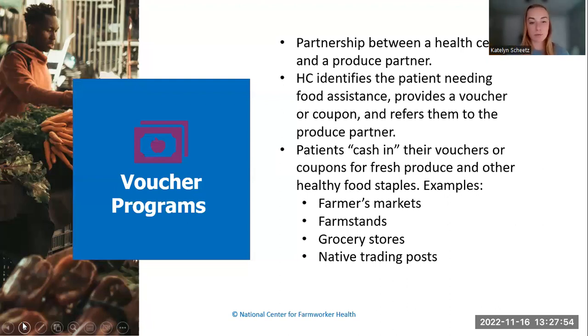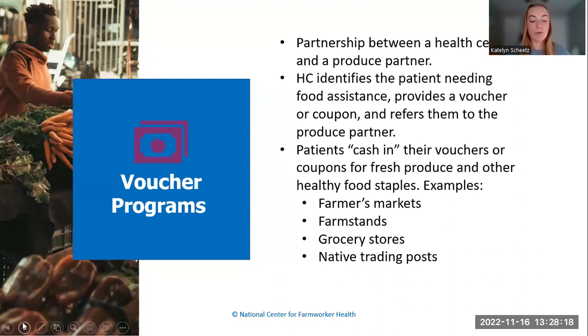There's lots more that we'll learn about, all the details of screenings and eligibility and enrollment processes, but this is the bare bones. So then once patients receive that referral and that voucher, their coupon, they can cash in their vouchers for fresh produce, and in some cases, other healthy food staples.